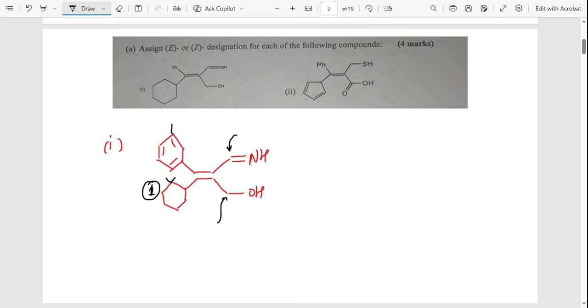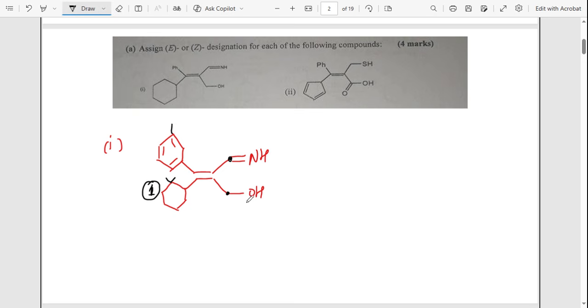Oxygen is in group 6, with an atomic number of 8, nitrogen has 7. So oxygen is going to have higher priority, because this is a carbon, this is a carbon, none of them can win. So you go to the next atoms, which are a nitrogen and an oxygen. In this case, the oxygen is going to win. So this is going to carry 1.